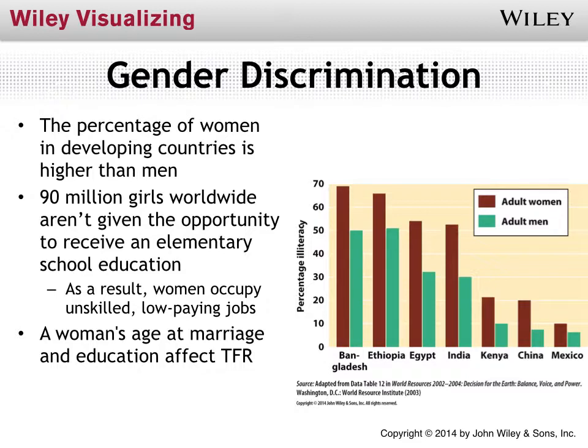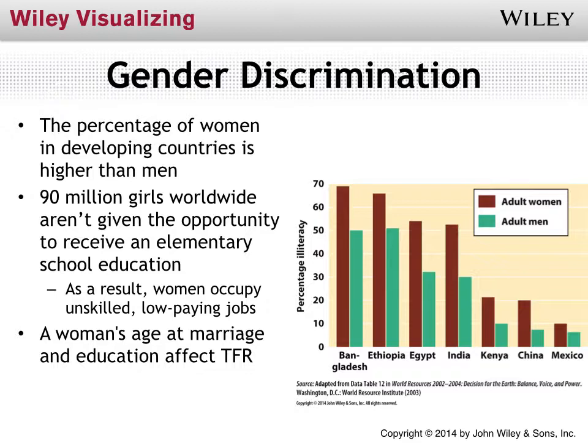So if you're not getting an education, how are you ever going to make more money in the future? So low-paying jobs are typical. Unskilled jobs are typical for a lot of women in these types of countries.